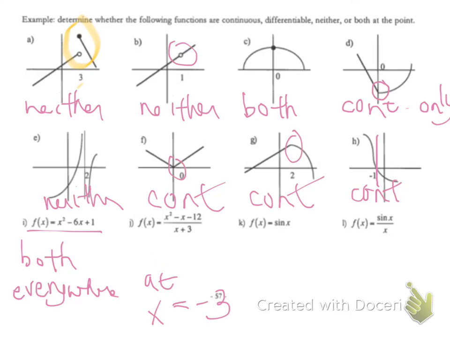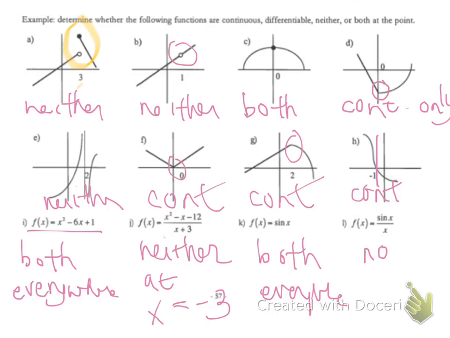In order to be such, all you need to do is be good on your domain. But if I were to ask where is it not differentiable or not continuous, I'll tell you there. Sine is continuous in its domain, which is all real numbers, so it's both everywhere. Hope you understand that. And this one is not continuous.